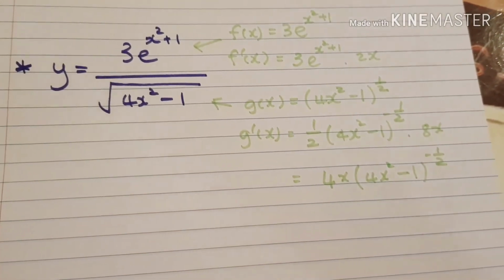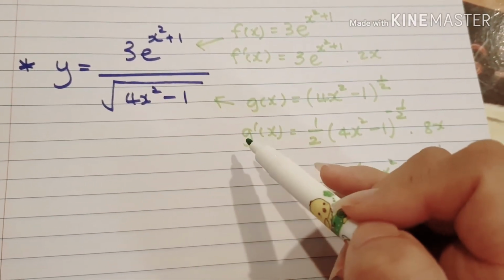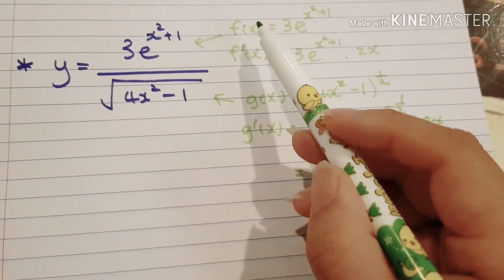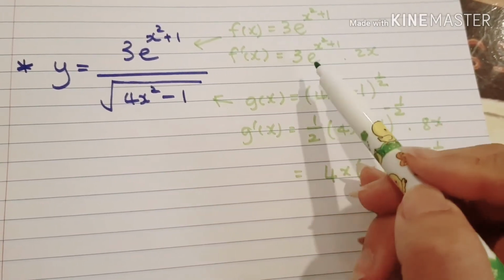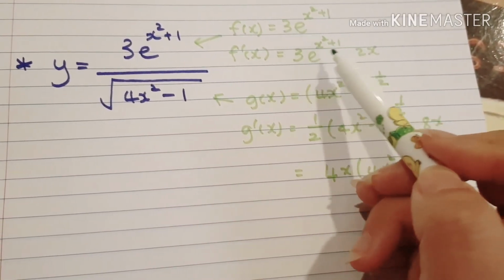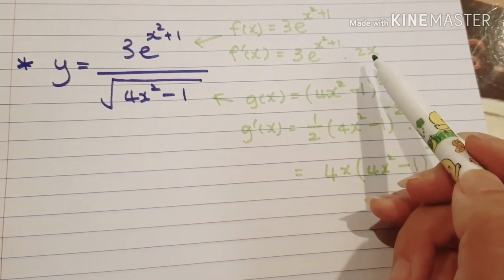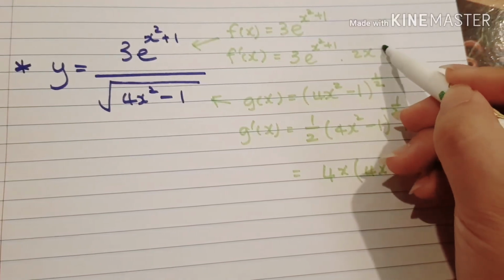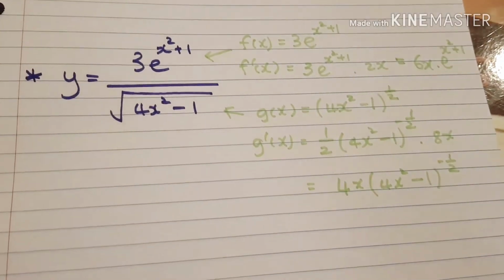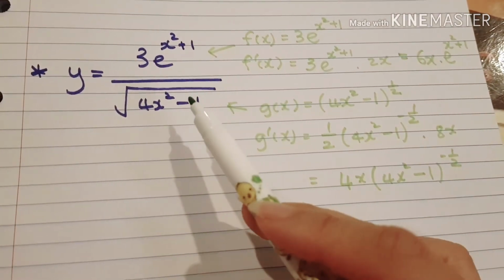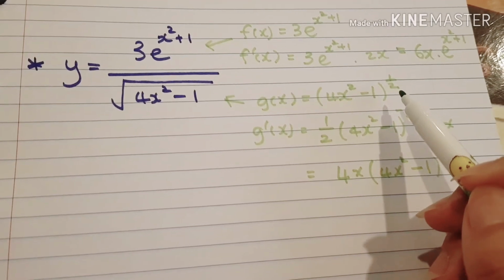Here you go. So I differentiated the top one and I differentiated the second one. If I differentiate the e function, it will stay the same, but I'm going to differentiate the power, which will be 2x. Okay, so if I simplify it, it will be like this. Whereas g(x), the bottom one, I can put in power form.